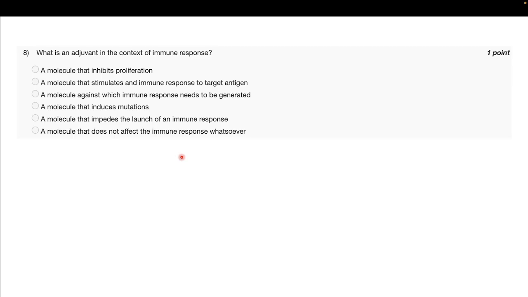Anybody else has a different answer apart from option 2?